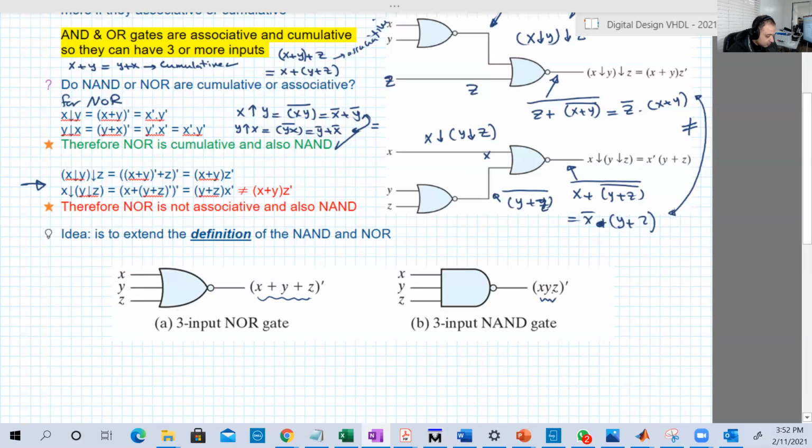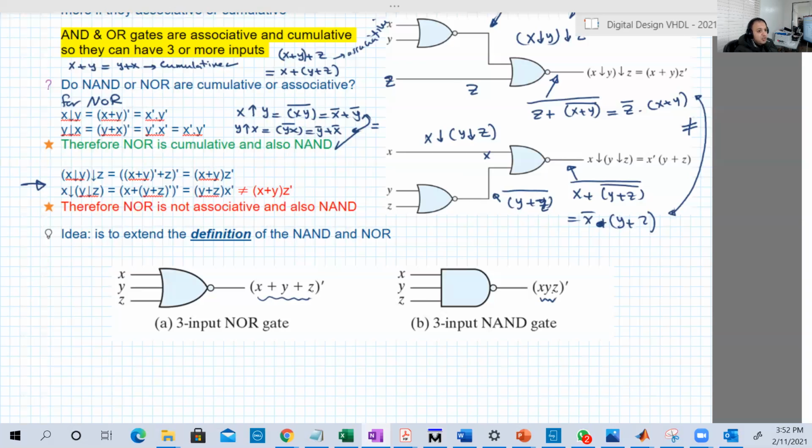But it was essential to know that we cannot just say NAND can have 3 inputs or 4 inputs. No, you can't do that directly. You should first look at the math and let the math decide. If the math didn't agree with you, then you should extend the definition.